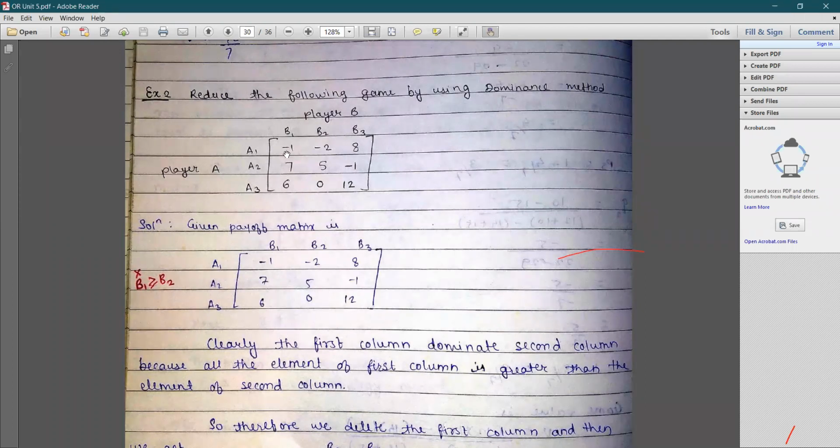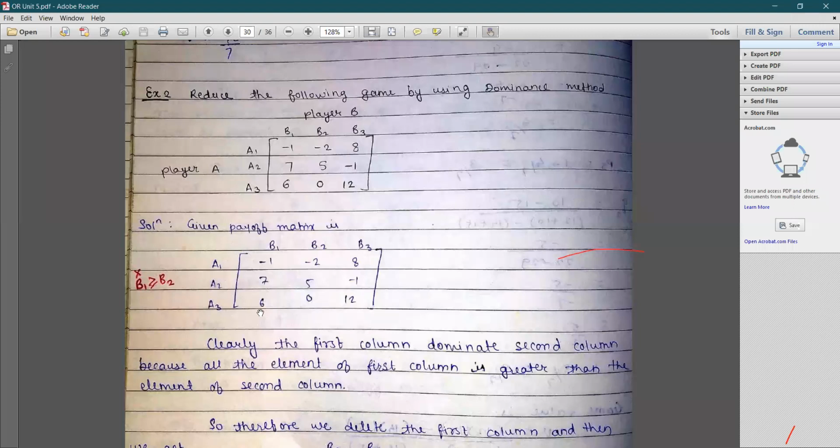The first row is -1, -2, 8, the second row is 7, 5, -1, and the third row is 6, 0, 12. Then first write the given payoff matrix as it is: A1, A2, A3, B1, B2, B3, -1, -2, 8, 7, 5, -1, 6, 0, 12.